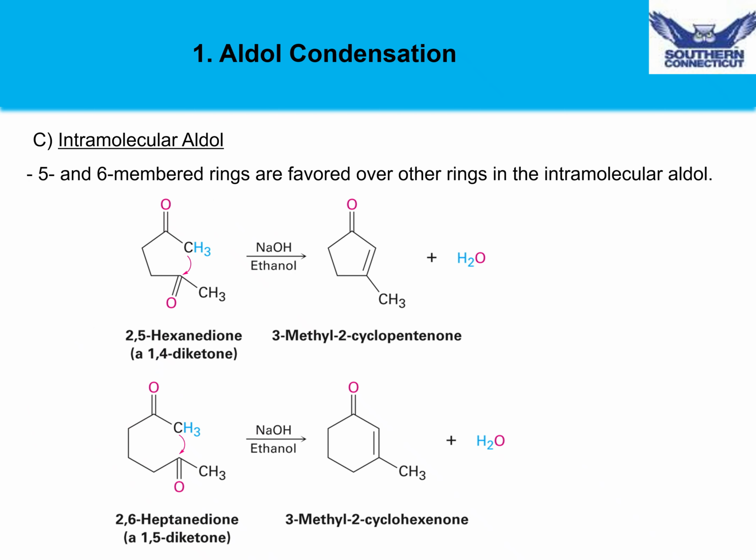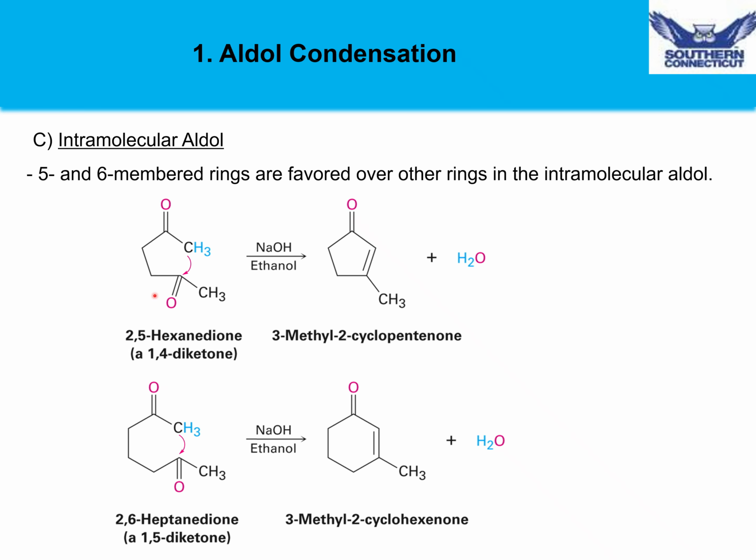Some dicarbonyl compounds are set up perfectly for an intramolecular aldol reaction. Generally, if we can form a 5 or 6-member ring in an intramolecular aldol reaction, then such a reaction is most likely to occur.